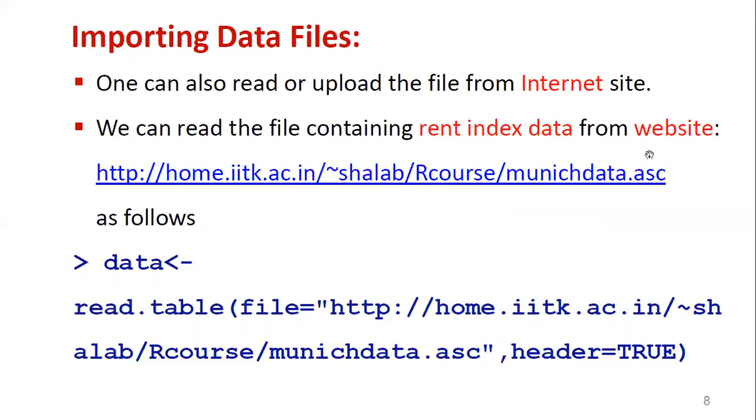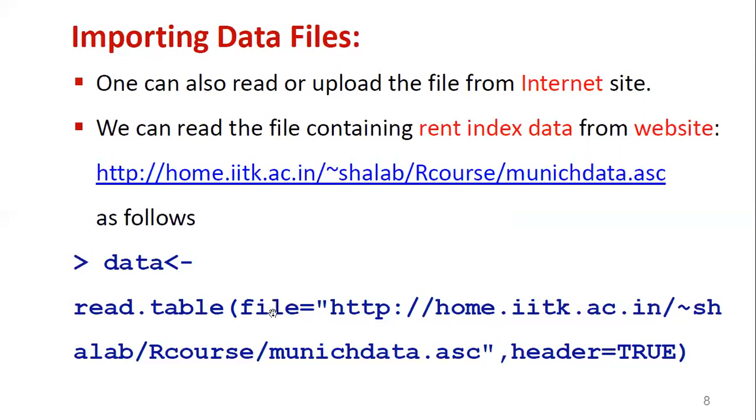The file name is munichdata.asc. You want to access this file directly from the internet using the command read.table. I am storing the result temporarily in data, data equal to read.table. For all formats you can use the read.table command.